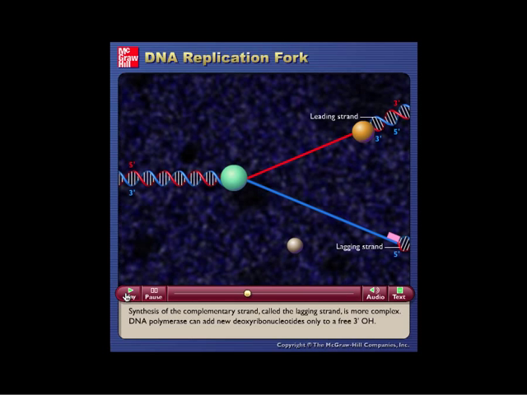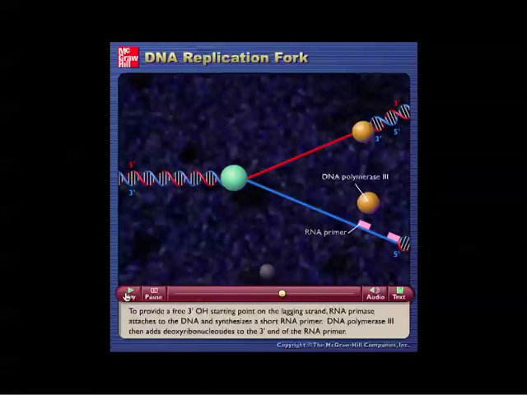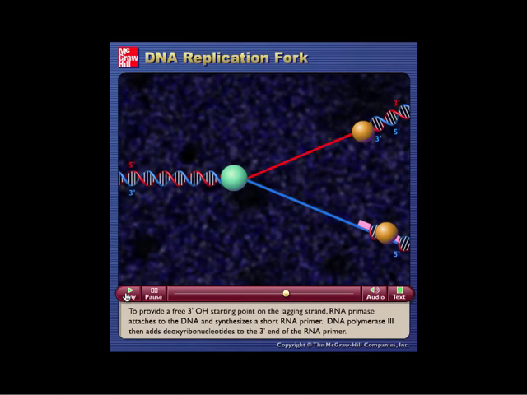DNA polymerase can add new deoxyribonucleotides only to a free 3' OH. To provide a free 3' OH starting point on the lagging strand, RNA Primase attaches to the DNA and synthesizes a short RNA primer. DNA polymerase III then adds deoxyribonucleotides to the 3' end of the RNA primer.